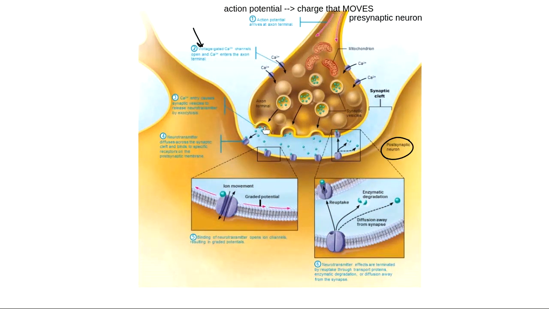So the only place on the neuron that I'm going to find voltage-gated calcium channels is at the very end, at the axon terminal. So I bring my change in membrane charge all the way down the axon. It gets to the axon terminal, and when it's down here at the axon terminal, the membrane charge is completely wrong. That's going to cause me to open up my voltage-gated calcium channels.